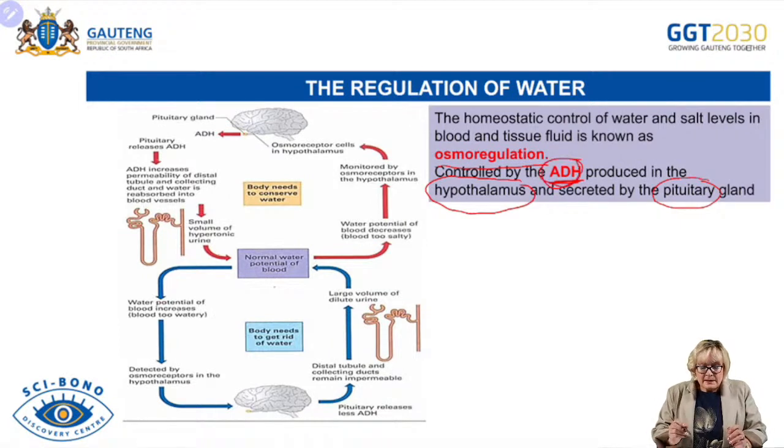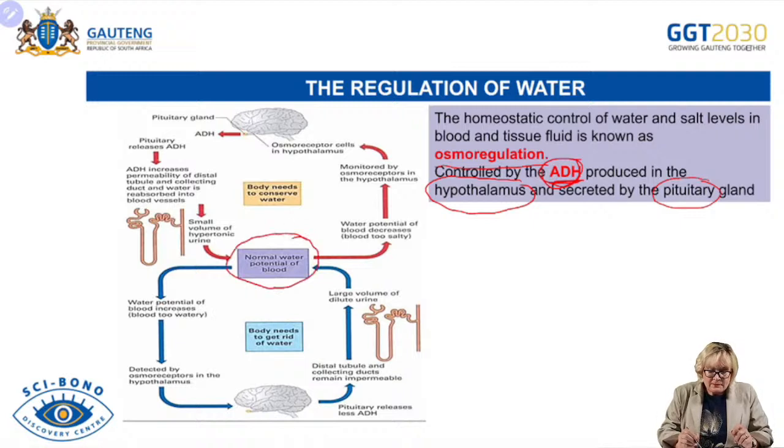All right. If we look at the diagram on the left, we can clearly see the normal level that you want to obtain, or rather maintain, the whole time. And if the body has too much water, the osmoreceptors in the hypothalamus detect that there's too much water.